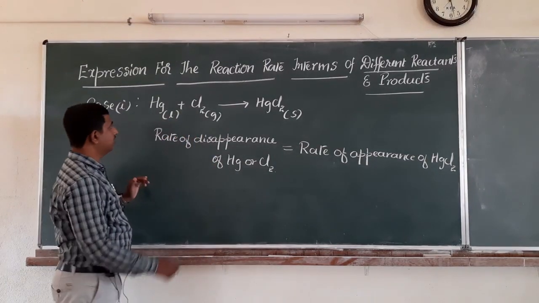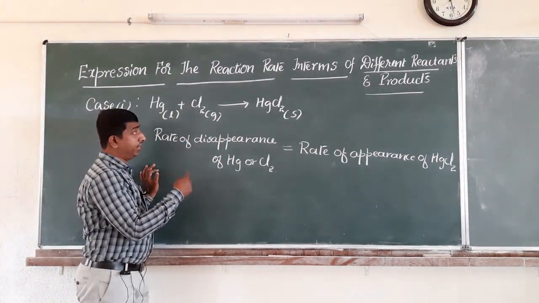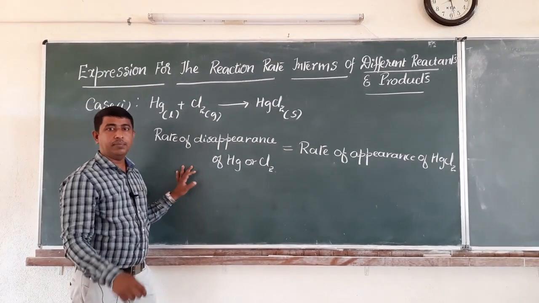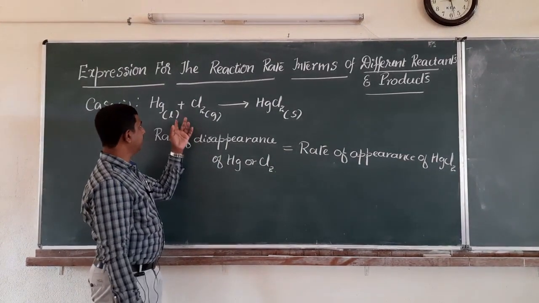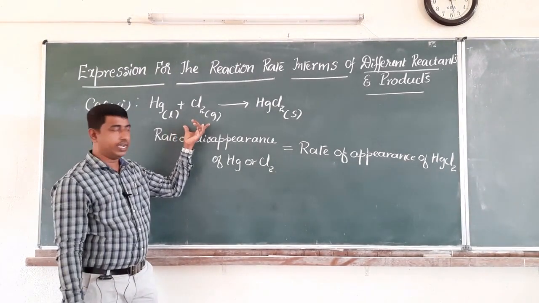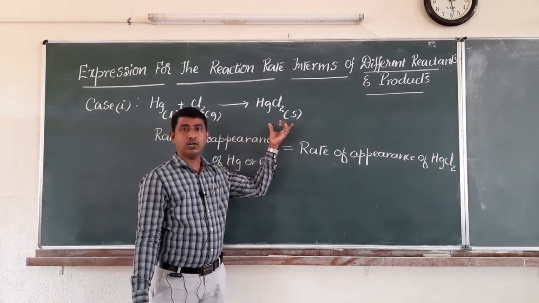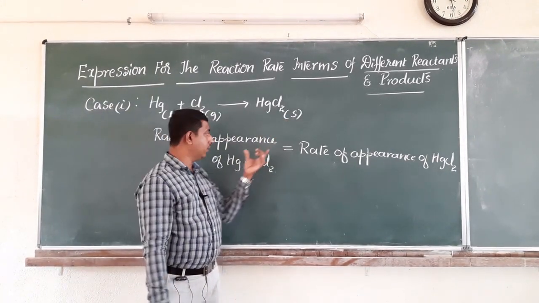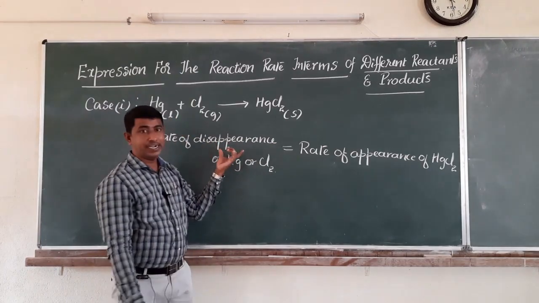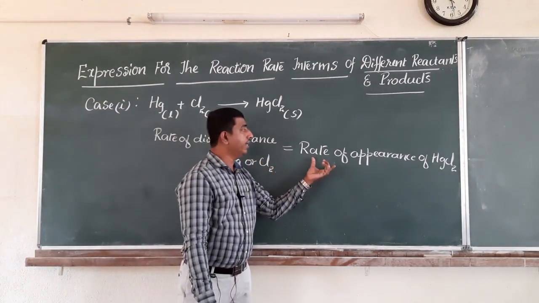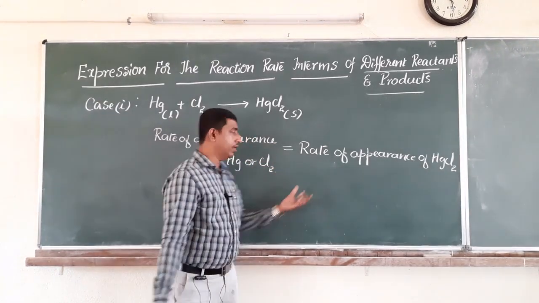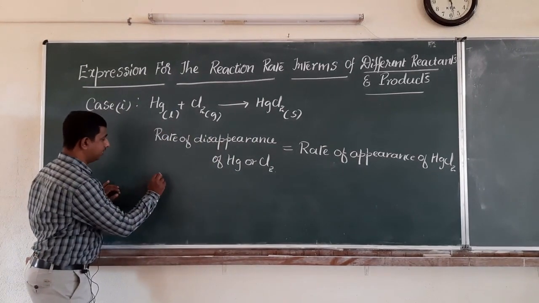Now in this case, the rate of the reaction can be expressed either by taking the concentration of the reactant or by taking the concentration of the product also, because the rate at which the reactant disappears is equal to the rate at which the product will appear. So the rate expression can be written like this.